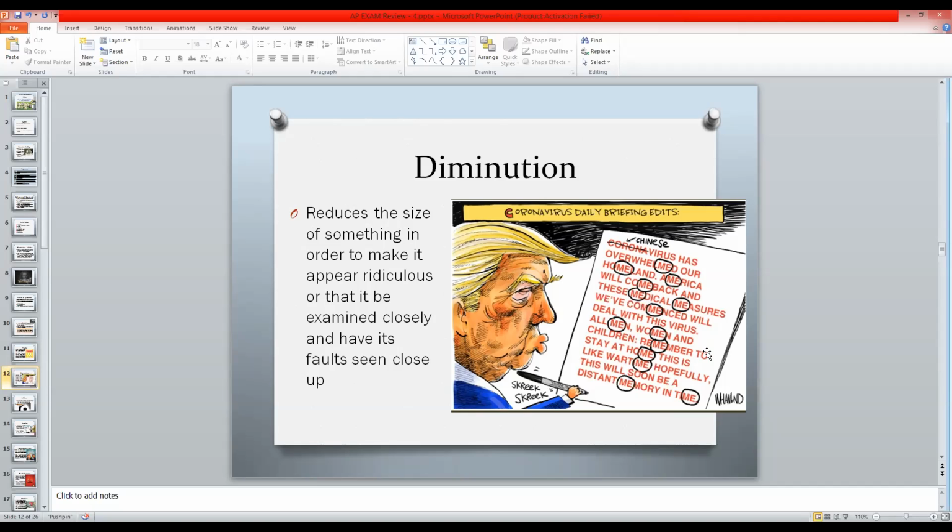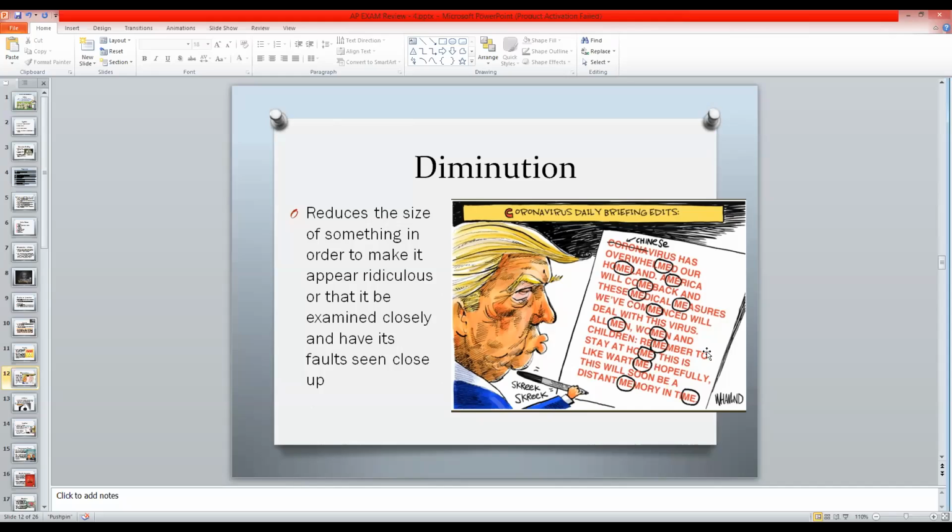He's supposed to be the person who is in charge, who's supposed to be worried, who's supposed to have a plan. But really, by boiling it down, he's just a narcissist in this case. He is simply a person who's more concerned about his own interests and also his image. So diminution basically is taking things that are usually higher in scale or importance and boiling them down for what they really are.